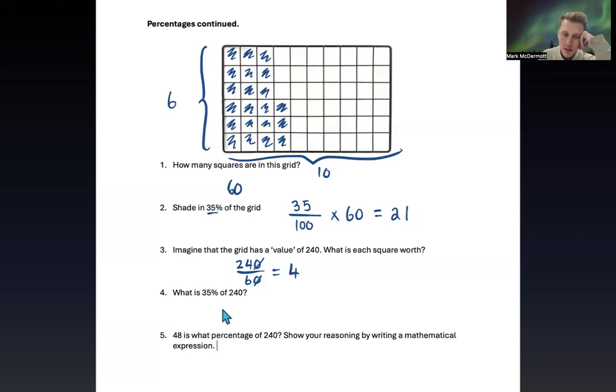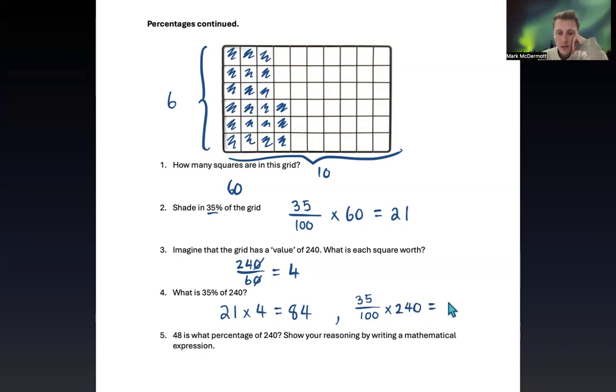So therefore, we can say that 35% of 240 is 21 multiplied by 4, which is 84. Okay, we can also verify this by doing a more standard calculation. You could say 35 on 100 multiplied by 240, and I guarantee if you put that in your calculator, you'll get 84.